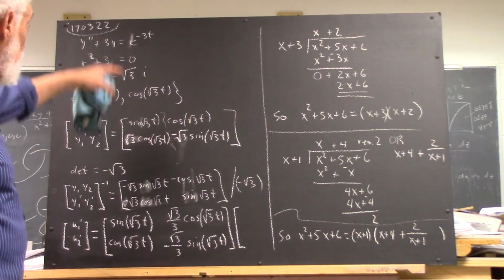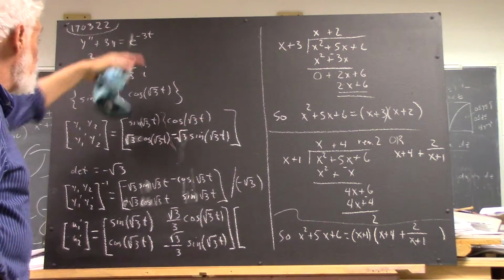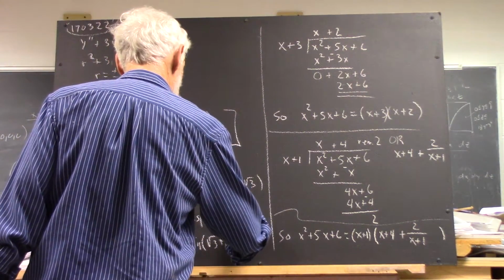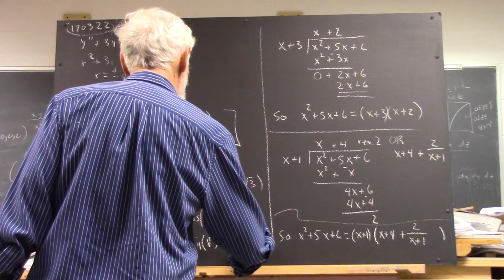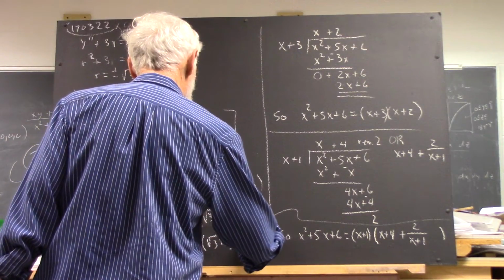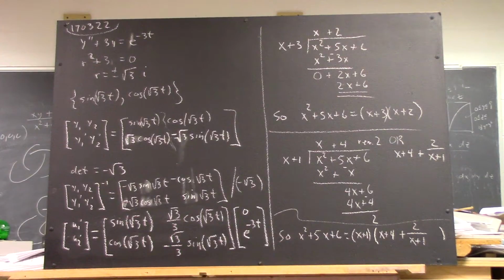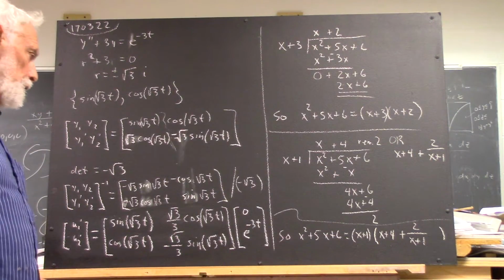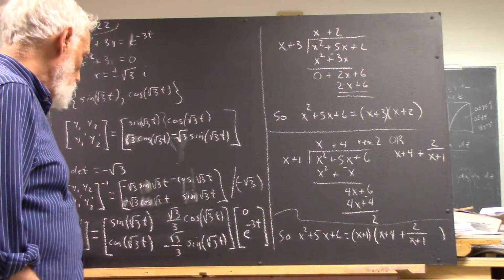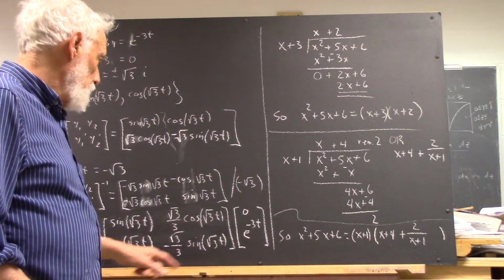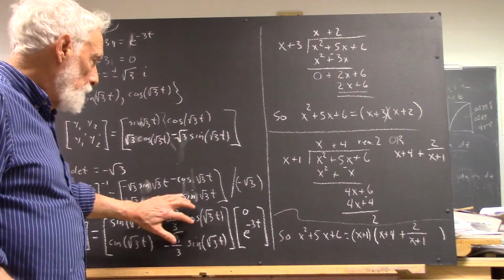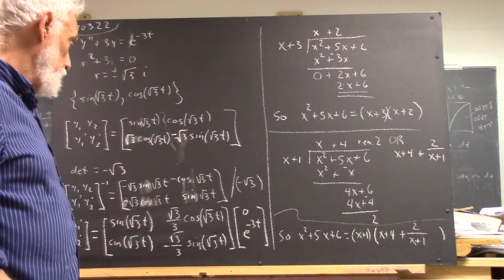Okay, and we multiply that by our g of t being e to the negative 3t. Looking twice to make sure it's not a negative or something. Okay? Now, at this stage, that's all I'm going to do, because you just go ahead and do what we do. We find that u1 prime is e to the negative 3t times a multiple of the cosine of the square root of 3t.